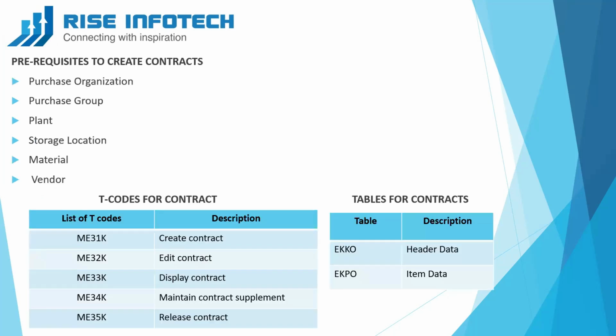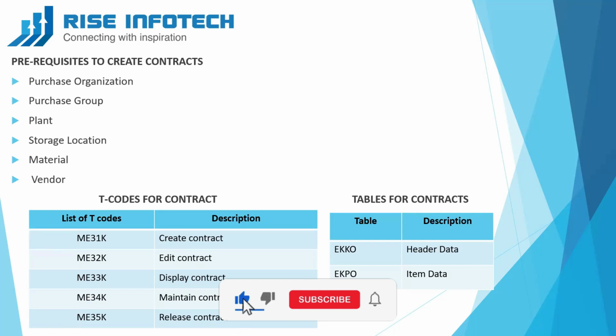Before that, to create a contract we must have the prerequisites. The first ones are the purchase organization, purchase group, plant, storage location, material, and the vendor. These are the mandatory prerequisites to create the contract.